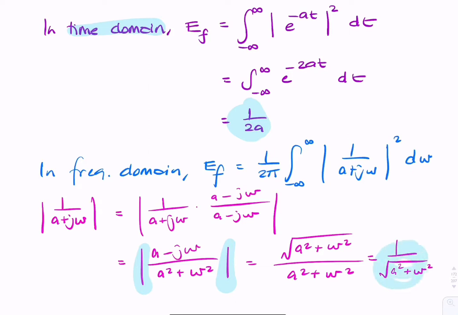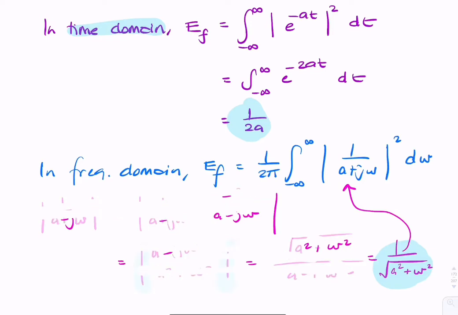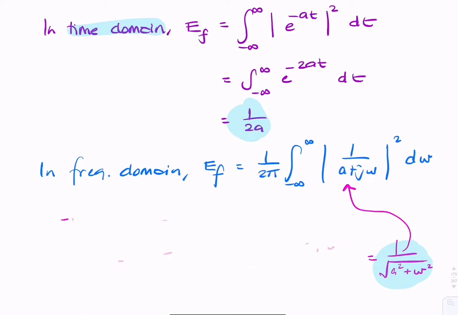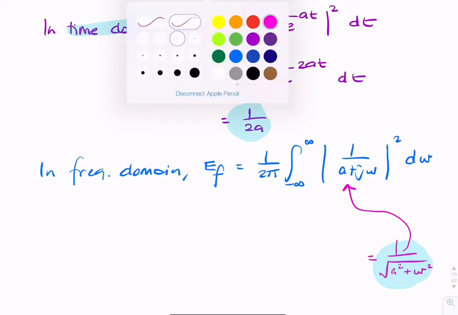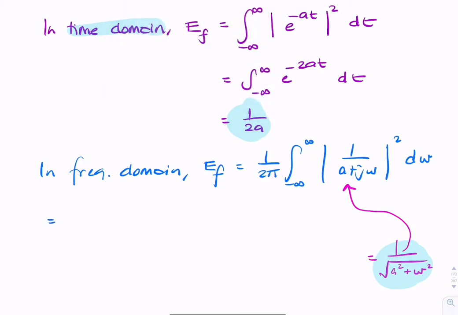And that is what we replace in there. So I can now write this as the integral of one over a squared plus omega squared d omega.